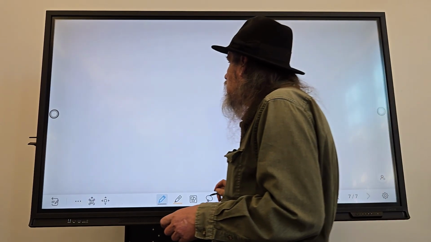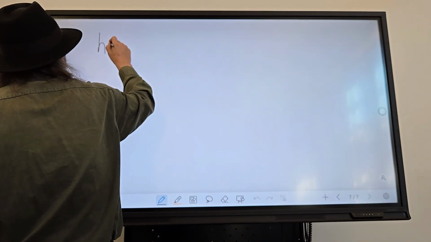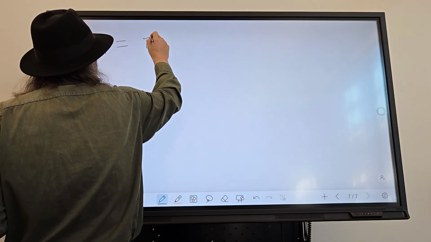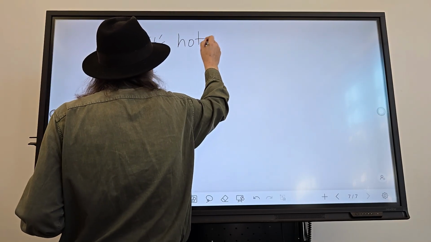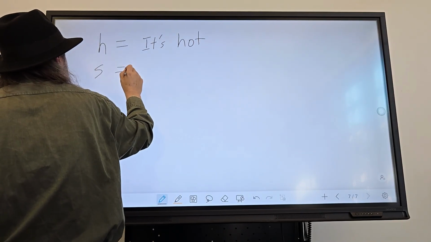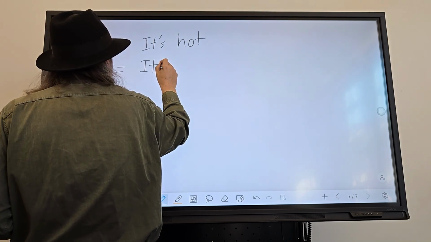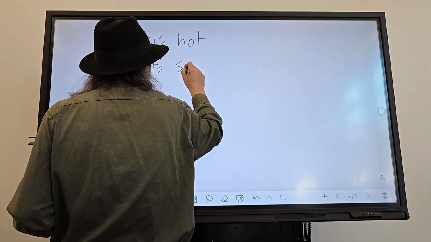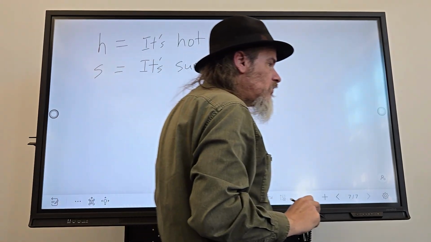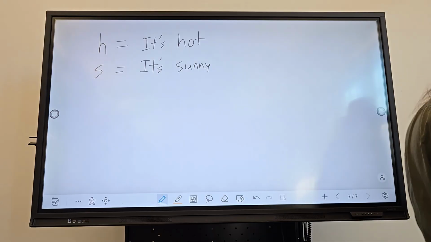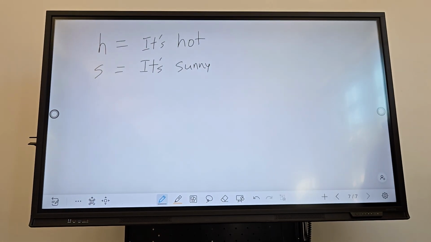So H equals it's hot, S equals it's sunny. So represent that symbolically. It is not hot, but it is sunny.